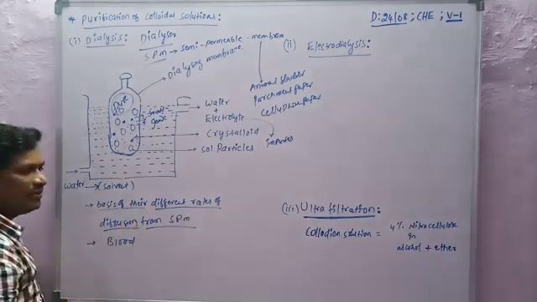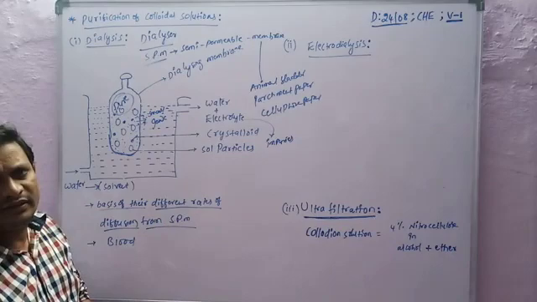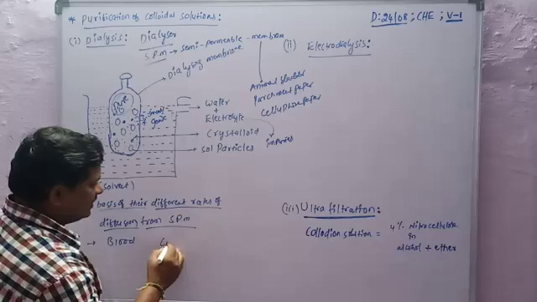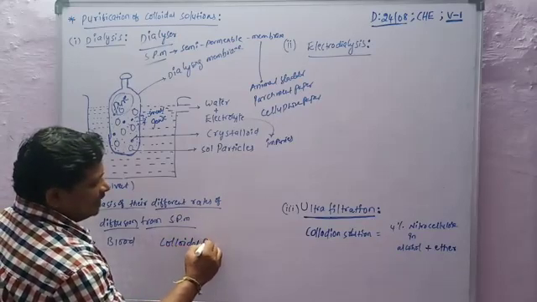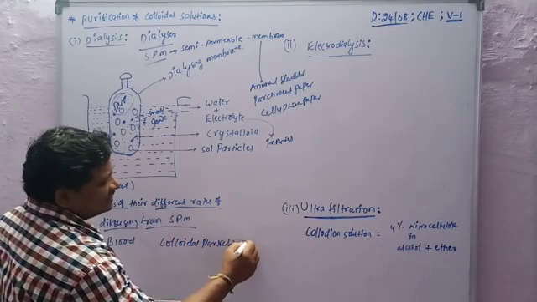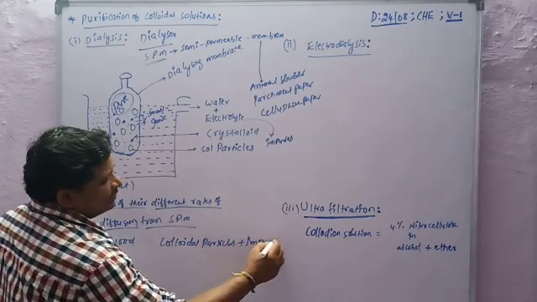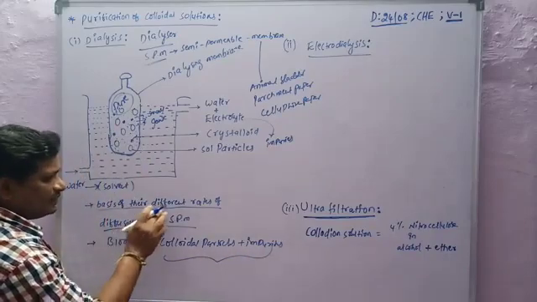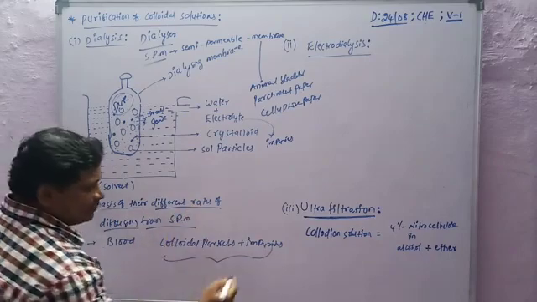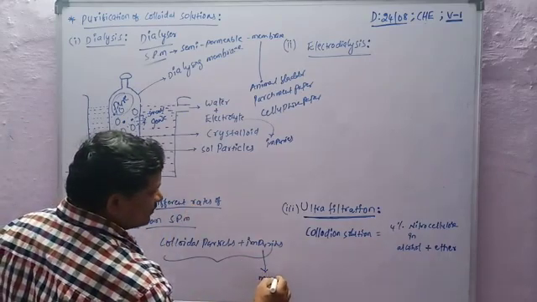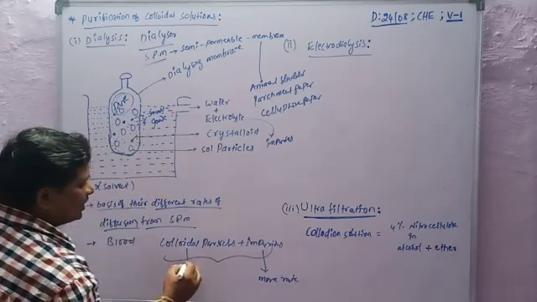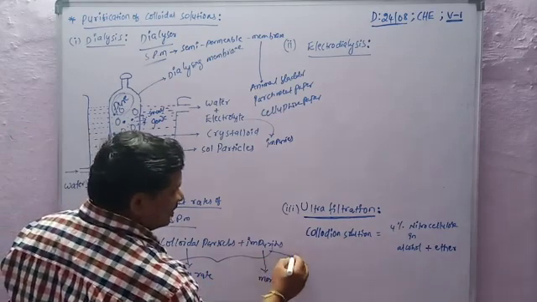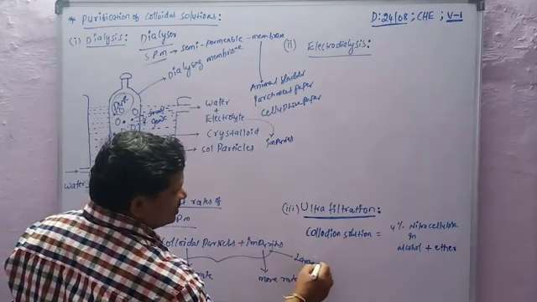Impurities have a more rate of diffusion, while colloidal particles have a lower rate of diffusion because they are large in size.